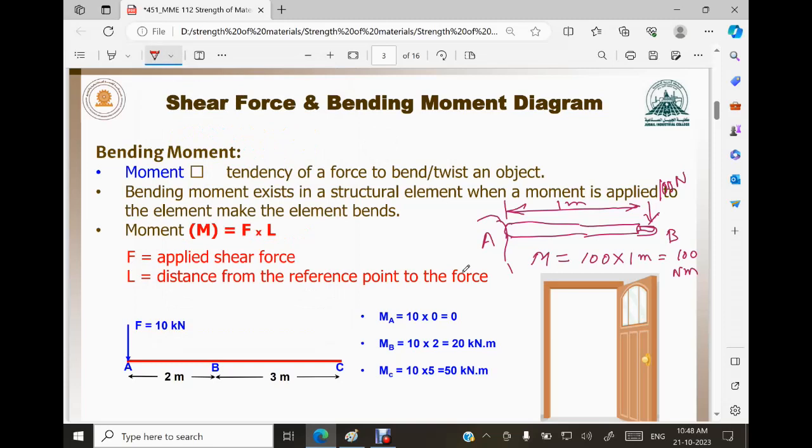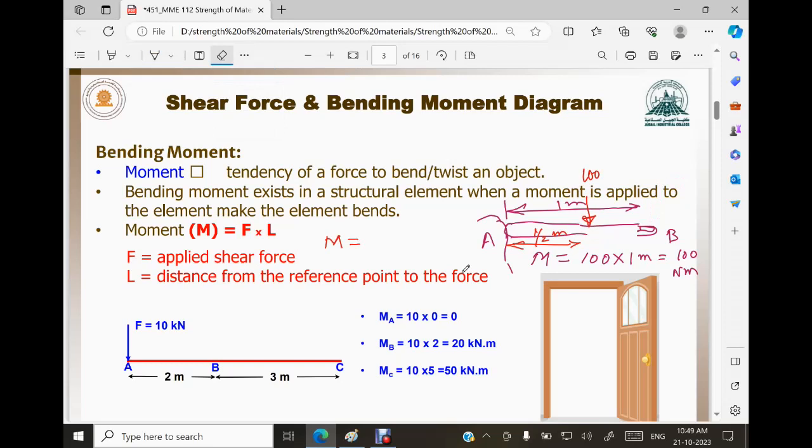Now if I have another force over here, and if this distance is half meter or 0.5 meter, then what will be the bending moment? Forget the first one, because now I shifted the force over here.